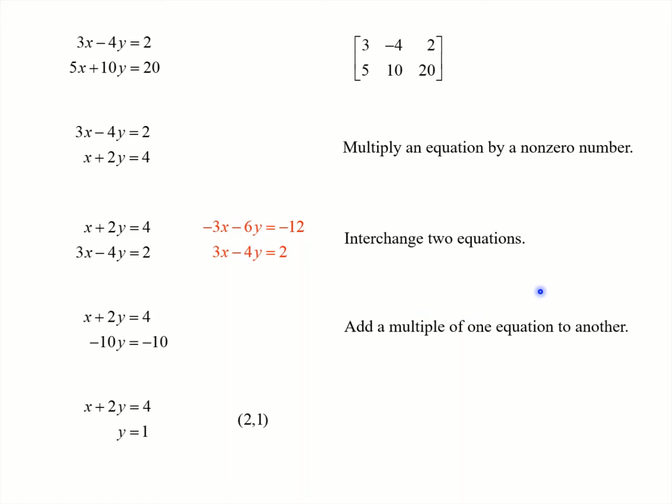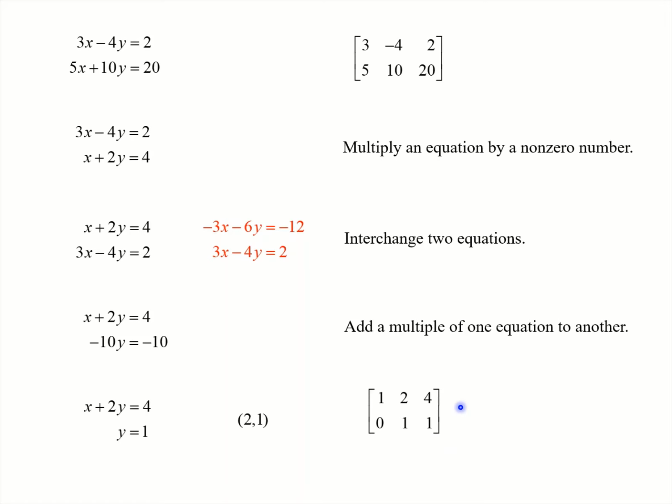Those are called elementary row operations, and if you do that, you end up getting this augmented matrix. And if you just did it using the matrix, you can get the problem done and then write out the equation. See, that says x plus 2y equals 4, which is really over there. And then the bottom one says y equals 1.